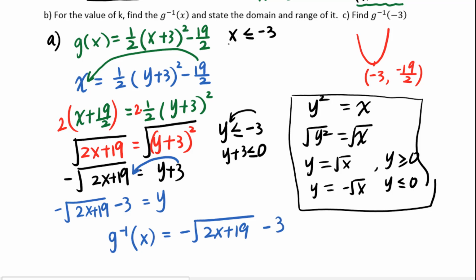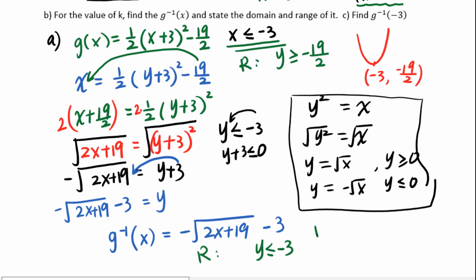Since for g of x the domain is given, we know the range of the inverse will be y less than or equal to negative 3. For the original function g of x, we know the range is y greater than or equal to negative 19 over 2.